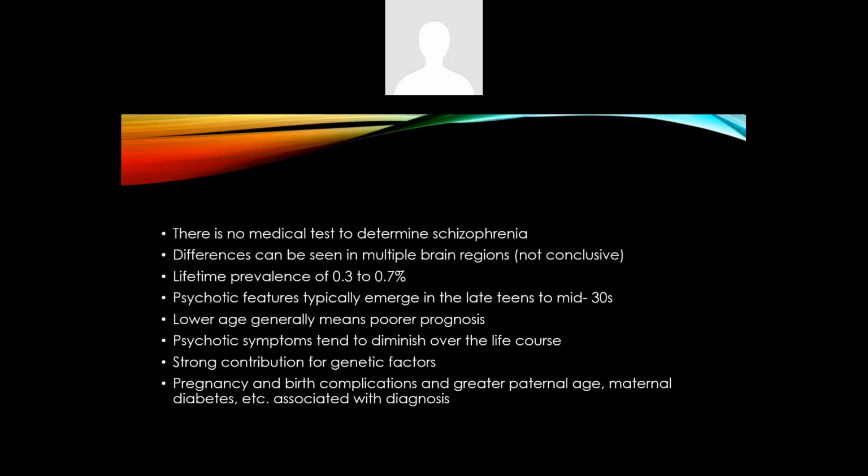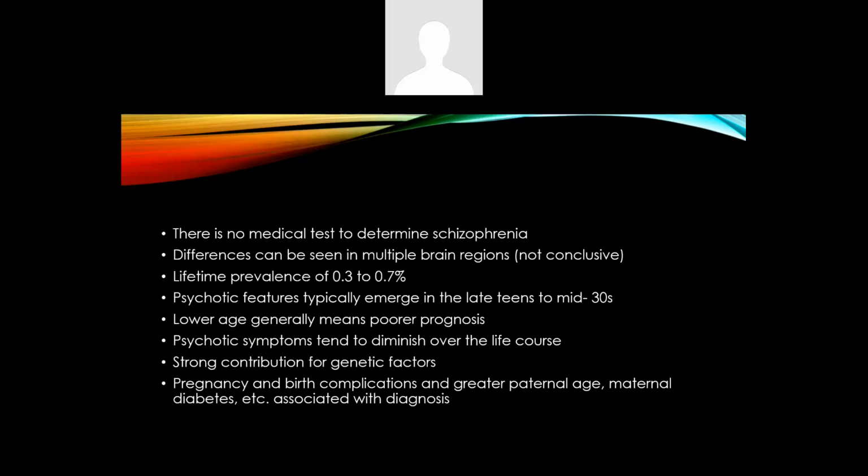Over time, and this is a very long-term time, those psychotic symptoms tend to diminish and decrease over the life course. So if you're working with someone who was diagnosed when they were 25 and now they're 65, their psychotic symptoms might be much less severe than they used to be.